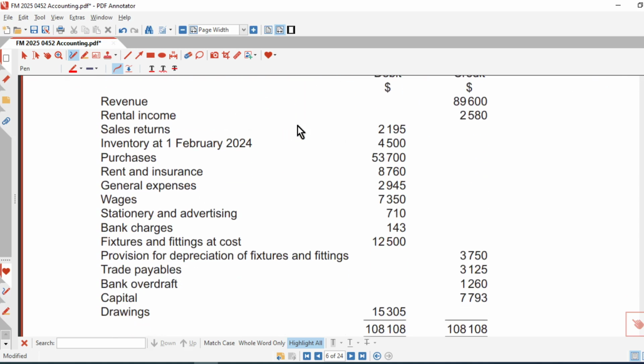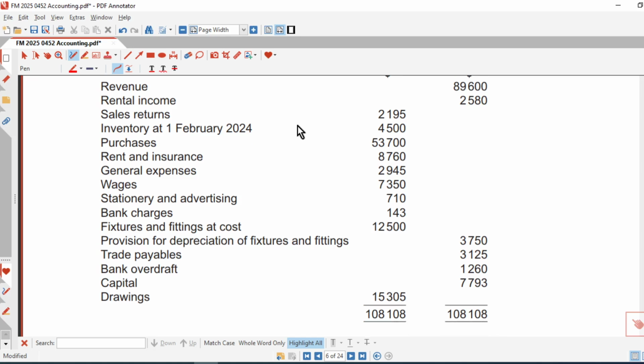Viraj's trial balance at 31st January 2025 is given to you. So you have details on revenue, rental income, sales returns, and inventory at 1st February 2024. This marks your opening inventory. We have information on purchases, rent and insurance, general expenses, wages, stationery and advertising, bank charges, fixtures and fittings at cost, the accumulated depreciation of fixtures and fittings, trade payables, bank overdraft, capital, and drawings.